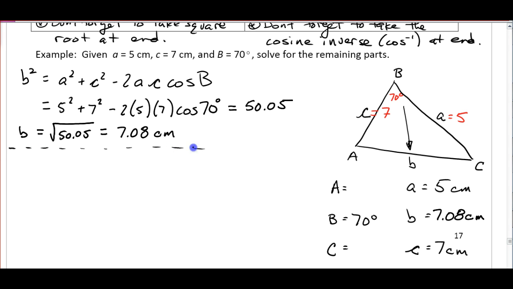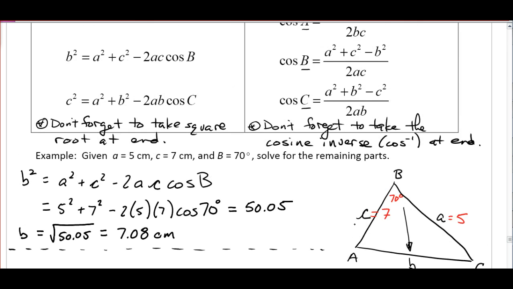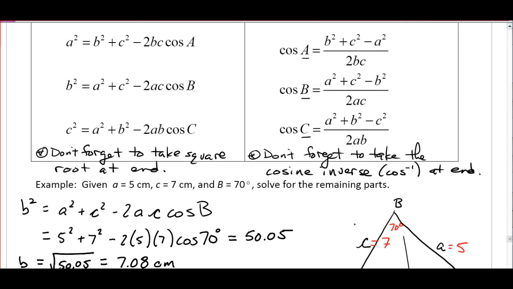Now we need to find another angle, and once I find a second angle, I can just subtract the two I have from 180 to get the third. So if you notice back up here, these three formulas for the angles involve the lengths of the three sides.